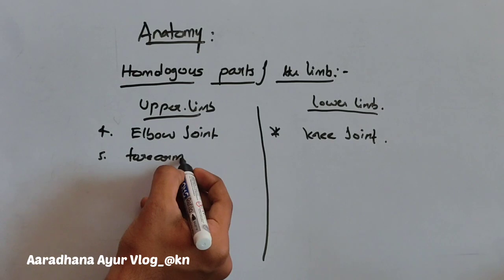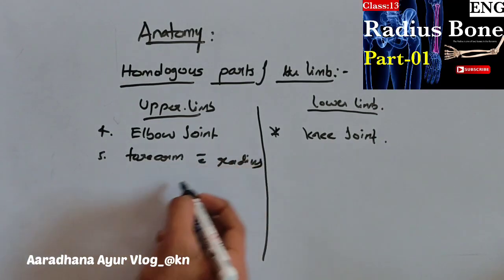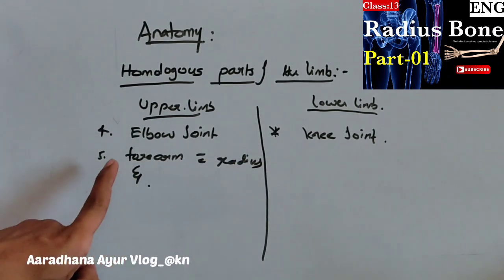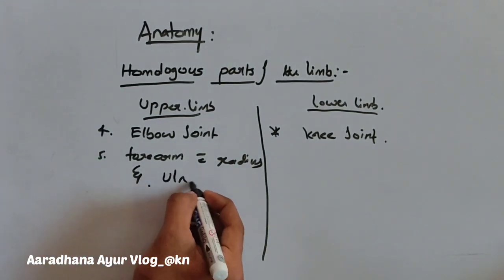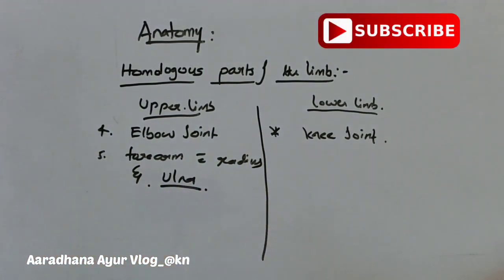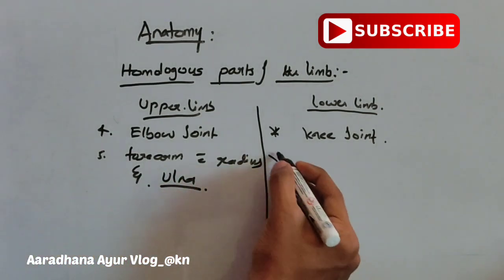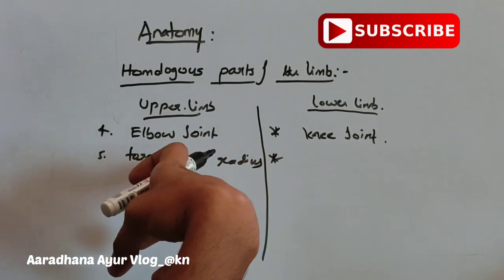There are 2 bones which we have discussed earlier in the videos. If anyone has missed that, please go and check out the playlist, they will be there. Forearm with radius and the ulna, 2 bones. In the forearm region there are 2 bones, that is radius and the ulna. And the fifth point is related to the lower limb as the leg.